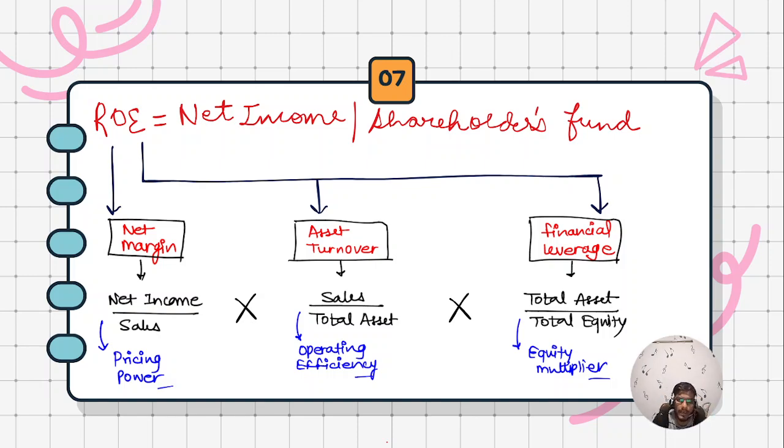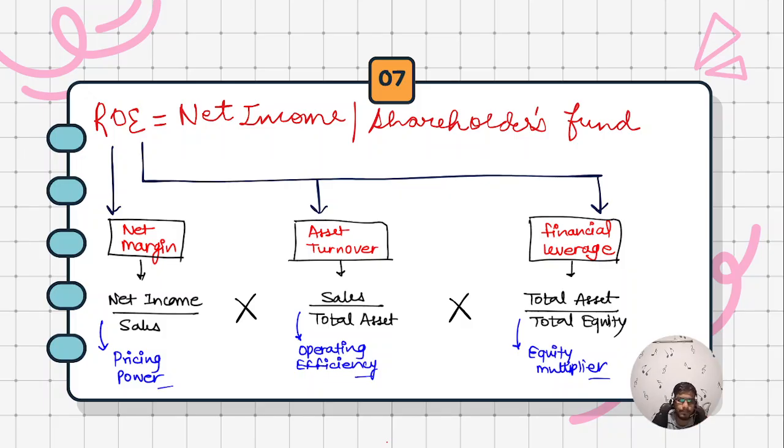It shows your operating efficiency. Now, financial leverage is nothing but total assets over your total equity. That means how well you are utilizing your equity money, or how well you are multiplying your equity against your total assets.